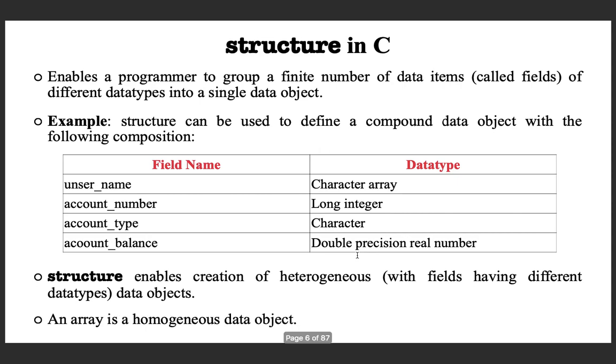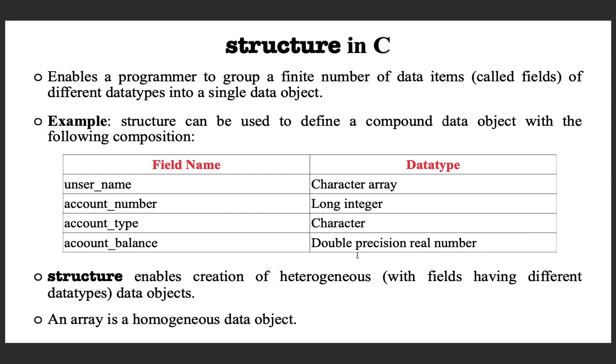And if you recall, an array is a homogeneous data object. Even though an array allows a programmer to group together a finite number of elements under a single name, the array name, all the elements must be of the same data type.